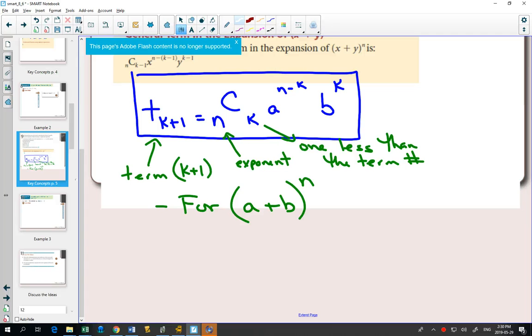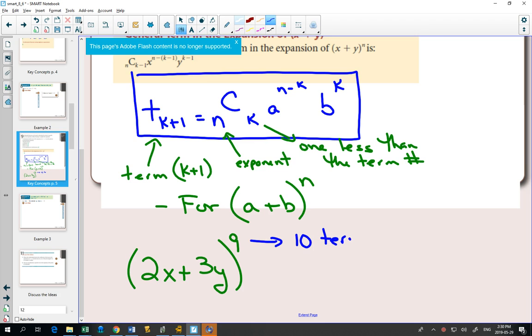So if you had, for example, 2x plus 3y to the 9, this could be really annoying to expand completely, because how many terms does this have? Okay, it has a lot, but we should be able to look at that right away and say, if I expanded it, I know there's going to be 10 terms, right? There's always one more than the exponent, so there would be 10 terms.